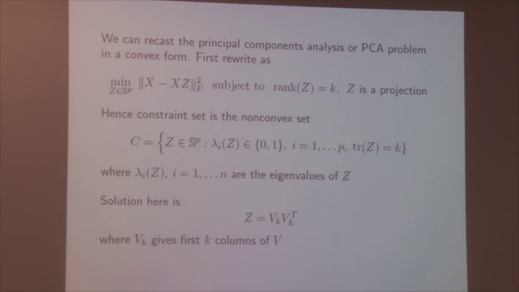So this is still non-convex. Does anybody see which part of these 3 requirements on z is giving us issues? The 0, 1, right? That's a super non-convex set. And also, just for your knowledge, the solution can be written in terms of the singular vectors, just like that for z.